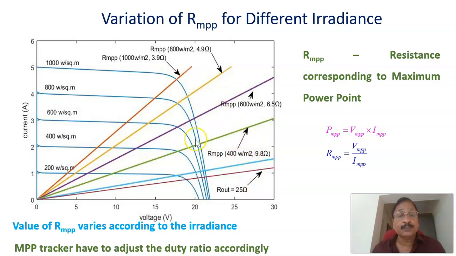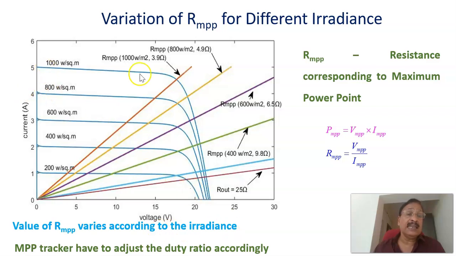Therefore, here RMPP is the resistance corresponding to the maximum power point, and PMPP, as already shown, is VMPP into IMPP. RMPP is equal to VMPP, the voltage corresponding to maximum power, divided by IMPP, the current corresponding to maximum power, where RMPP varies according to the irradiance.